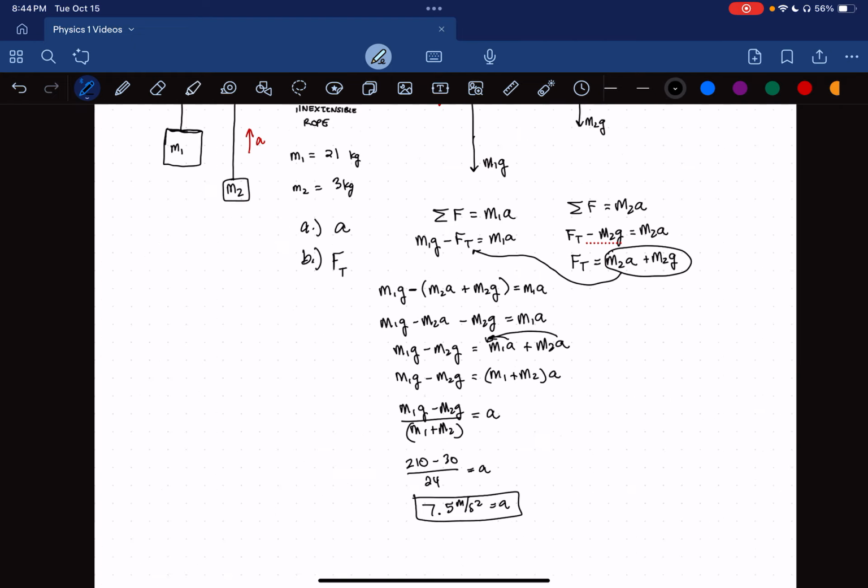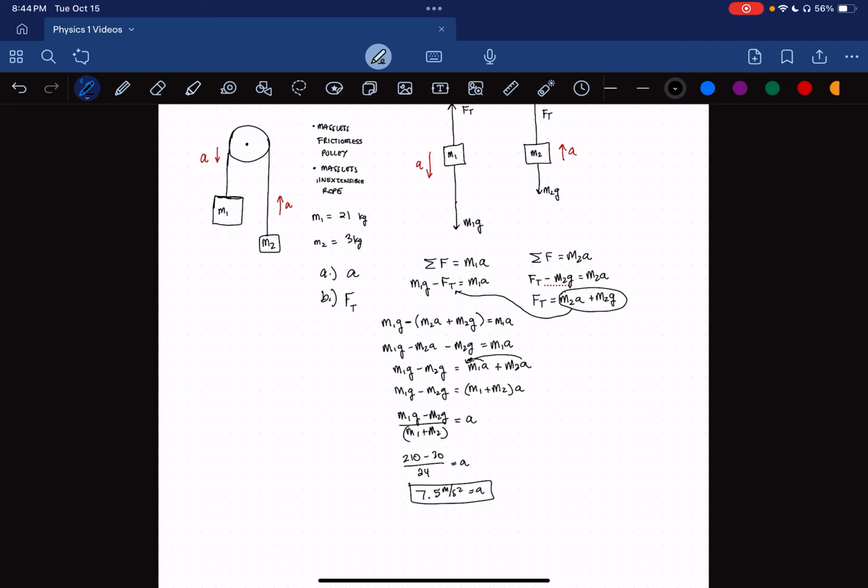Okay, that is the acceleration, which they both share. This one accelerates downward at 7.5 meters per second squared. This one accelerates upward at 7.5 meters per second squared. Cool. That takes care of A.